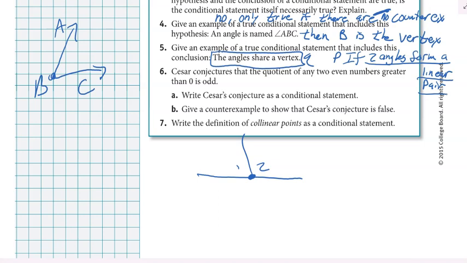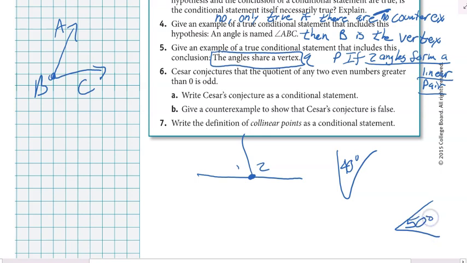A common mistake on this one, students might have come up with something like, if two angles are complementary, then they share a vertex. It doesn't have to be true, because you could draw any two angles that don't share a vertex, and if they add up to 90 degrees, they're still complementary. They don't have to share a vertex.